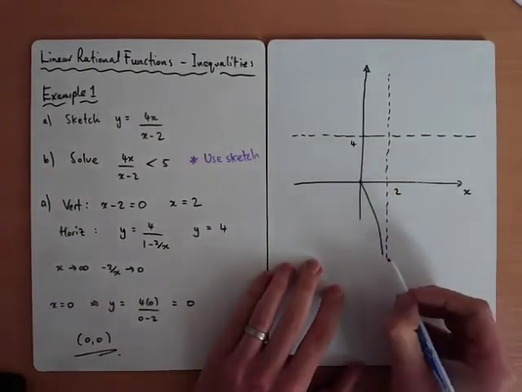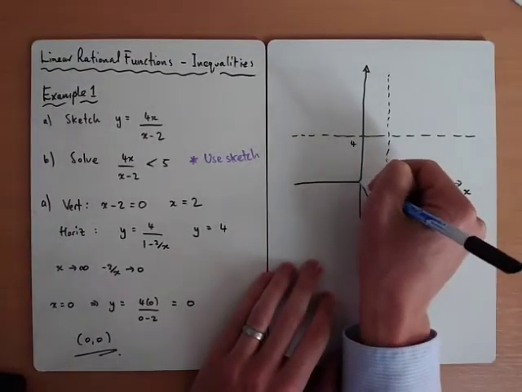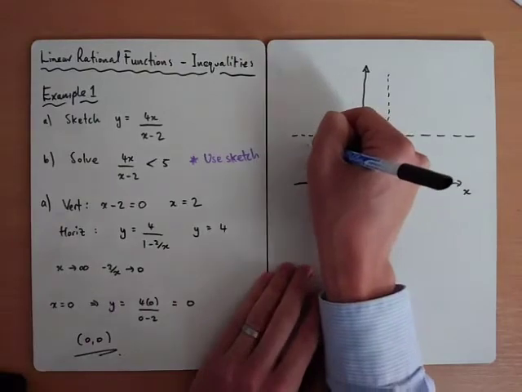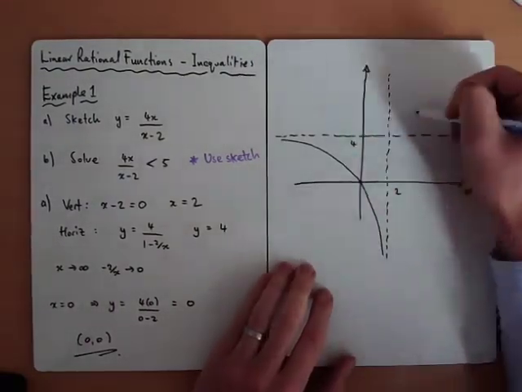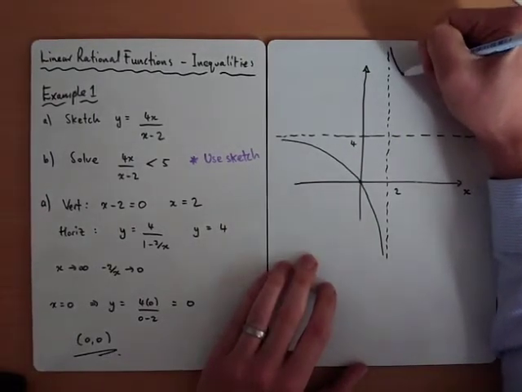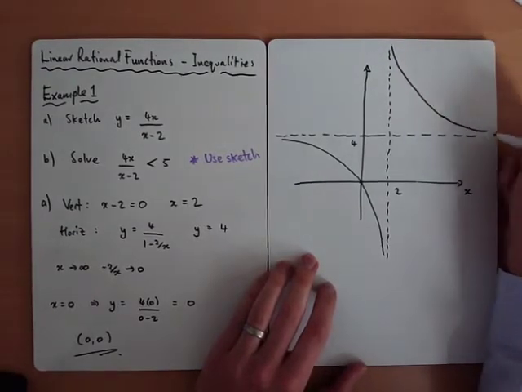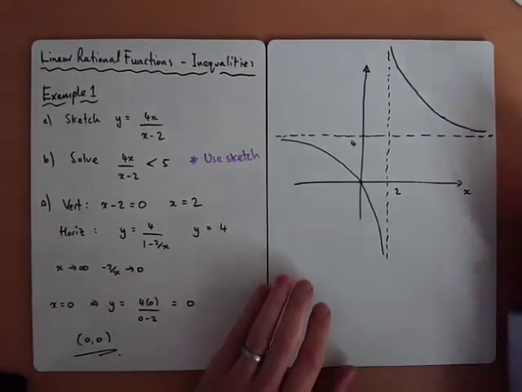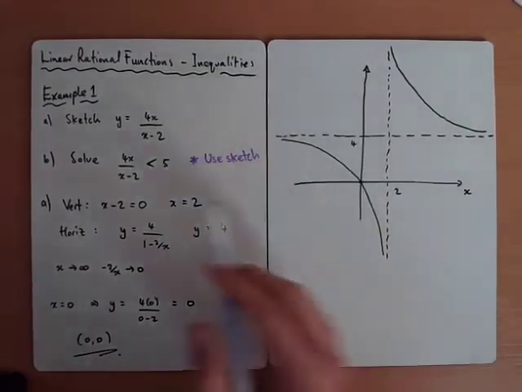Remember, make sure you just get close to the line but don't touch. This is really hard for me to do without smudging. Okay, and then you're looking for a nice bit of symmetry when you draw this.